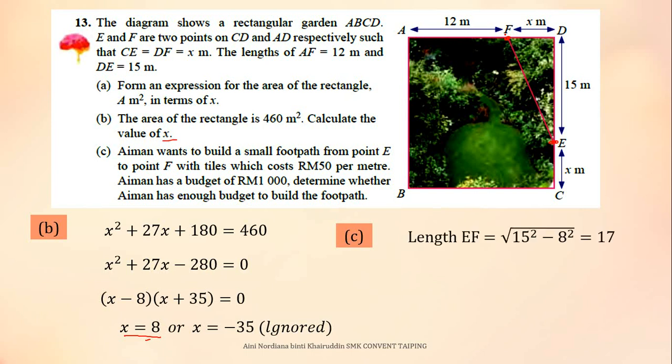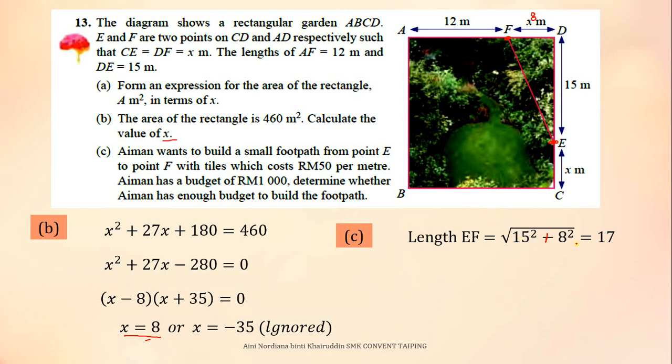First, we have to find the length of EF. The length of EF here is 15, then the x here is 8. So 15 squared minus 8 squared. So there is a typing error here, it should be plus, because we want to find the hypotenuse EF.